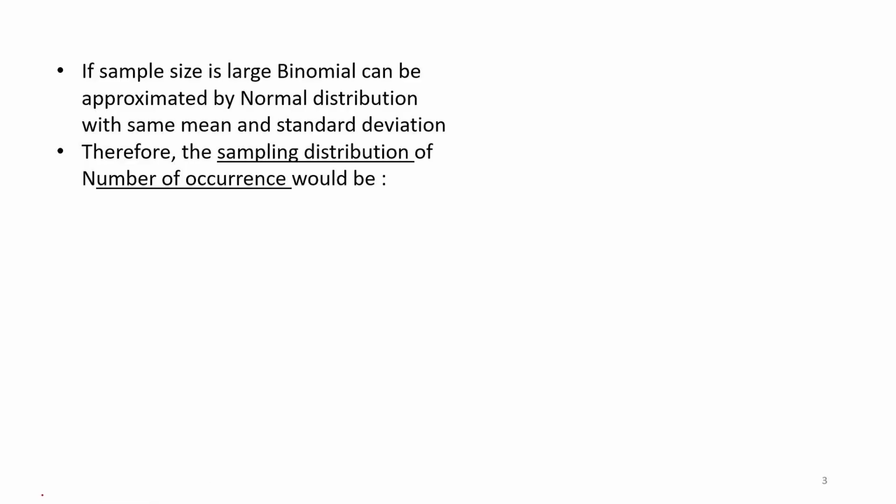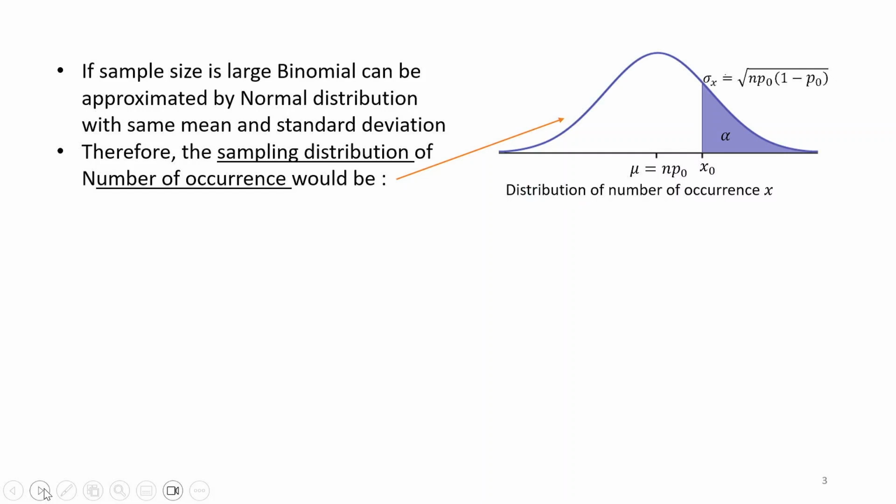Therefore, this sampling distribution of the number of occurrences of the event can be described, as I said, by a normal distribution, which looks like this, where the mean of the normal distribution will be np0 and the standard deviation is going to be root over np0 into 1 minus p0.